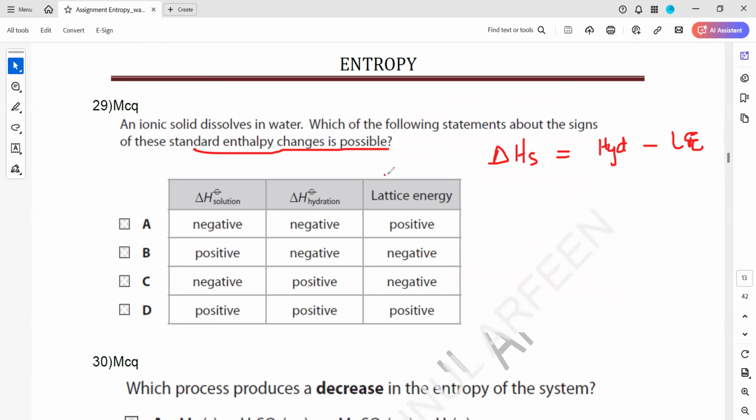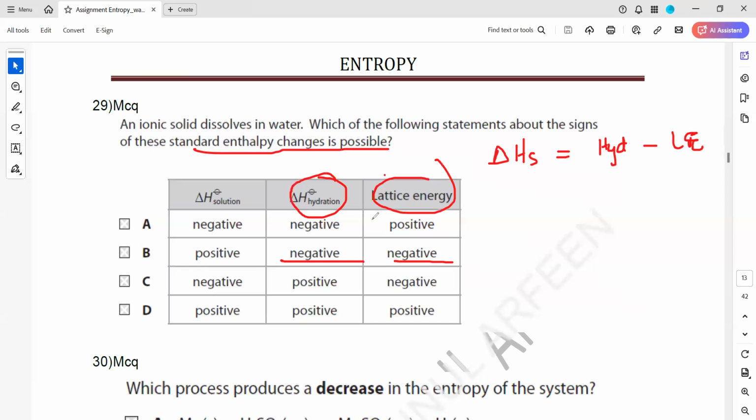The thing is, hydration energy is always negative. Lattice energy is always negative. Both are negative, so the option in which both are negative is only B. Clear? Hydration and lattice cannot be positive. Enthalpy of solution can be any number, but lattice energy cannot be positive.